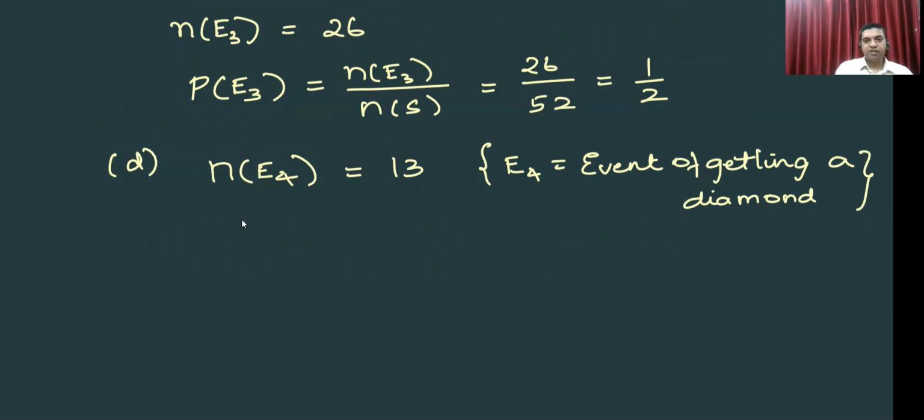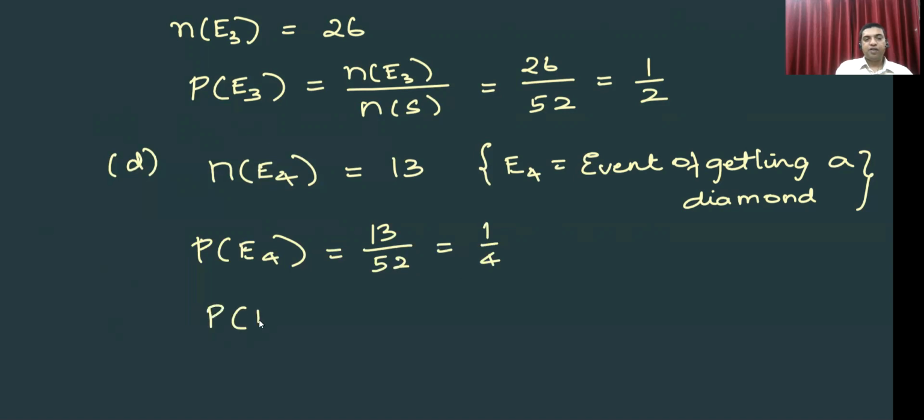There are 13 diamonds. So P of E4 is 13 on 52, which is 1 by 4. So the probability of not getting a diamond is 1 minus 1 by 4, which is 3 upon 4.